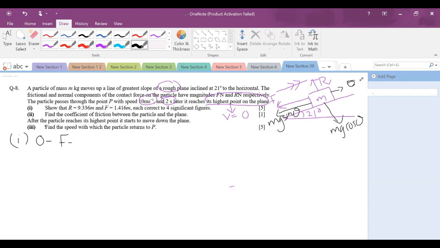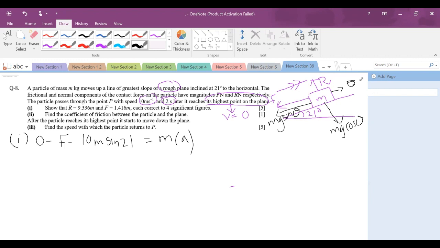So I'm going to write 10m sin 21 is equal to mass times acceleration, ma. We don't know what m is. We don't know what F is. But we know that friction is equal to mu R. Are we given mu?